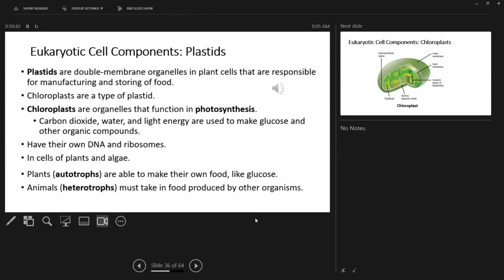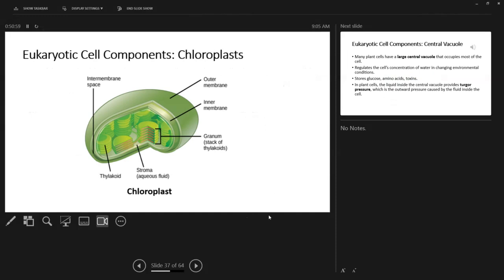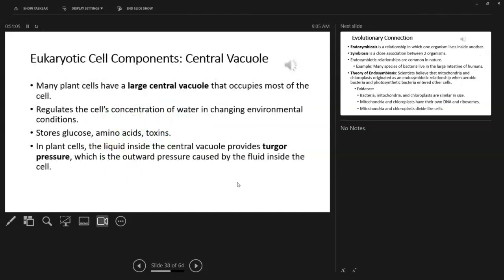They can make sugars and then store that for later, use it for food. Heterotrophs, that's what we are. We have to eat other organisms, plants or other animals. So there's a chloroplast. We'll learn about them in another chapter.